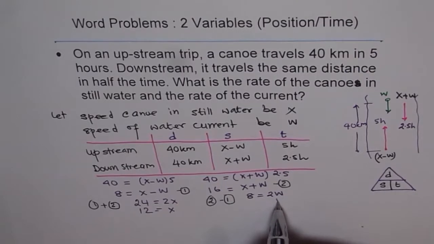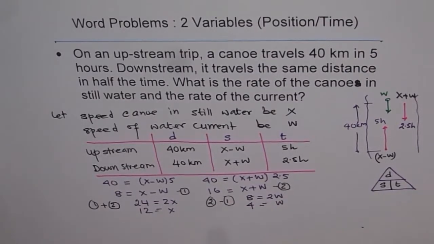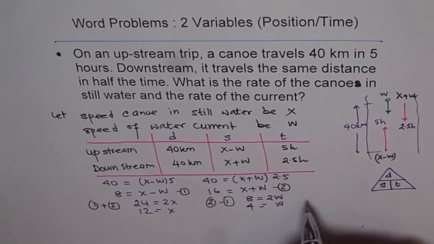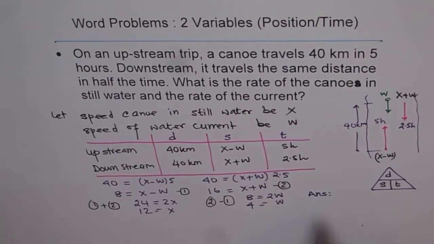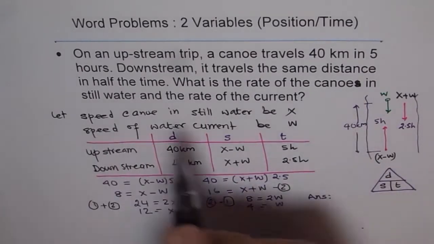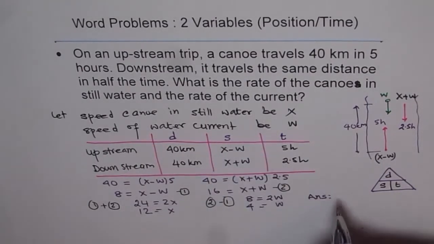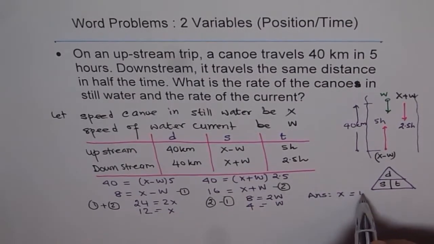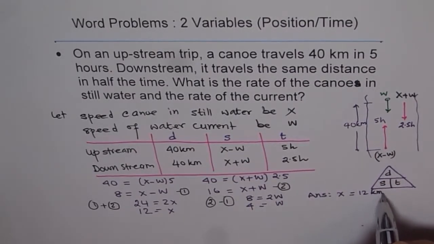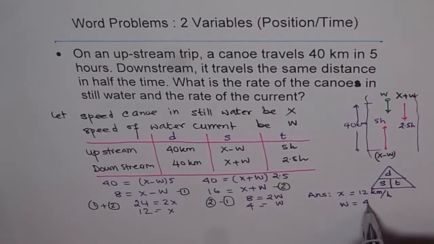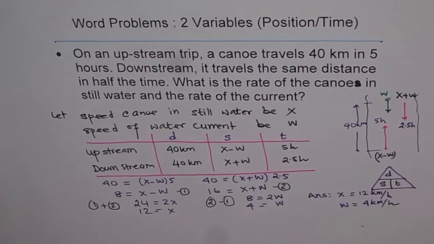And from here we get w equals 4, and that gives us the speed of canoe in still water and the water current, and therefore we can write down our answer as: canoe speed in still water, which is x for us, x is equal to 12 kilometers per hour, and water current is 4 kilometers per hour.